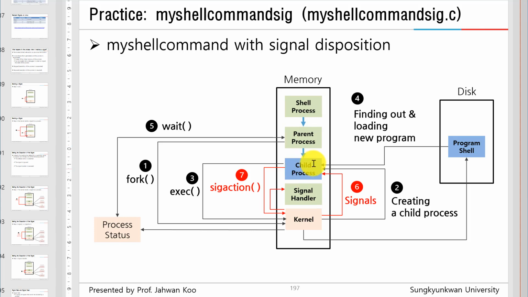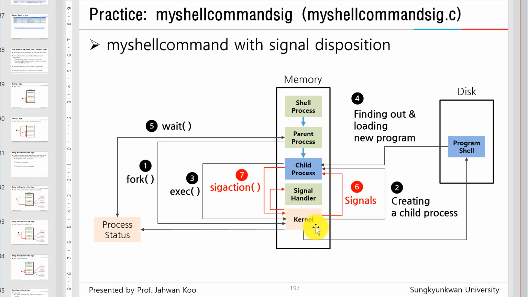Step 3. The child process uses the exec library function to request, I want to be a new program named share command, to the kernel. Step 4.